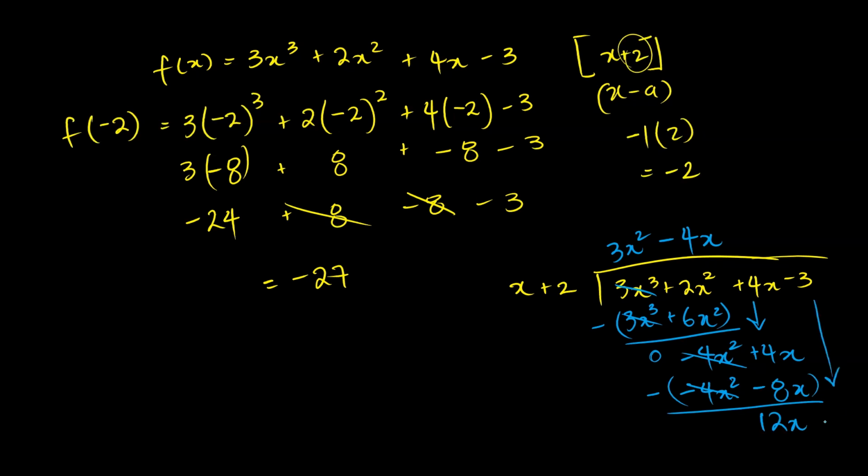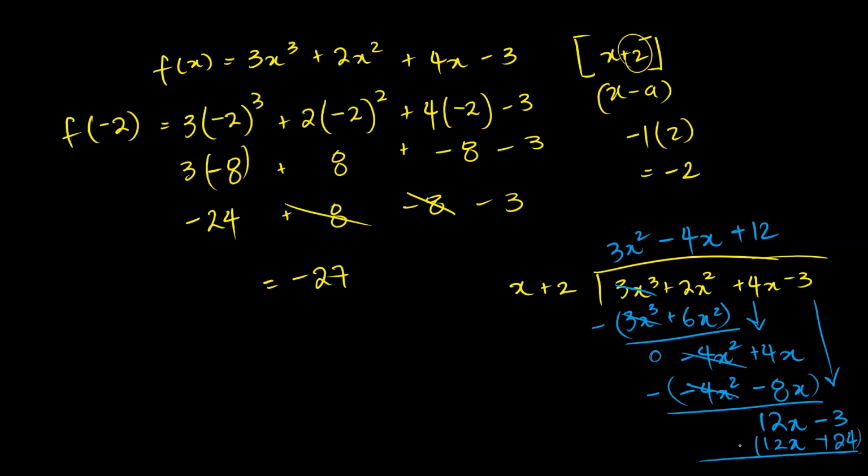And we'll have to bring down that negative 3 at the end. Do the same thing. x into 12x is a positive 12. And 12 times x is 12x. And 12 times 2, positive 24.